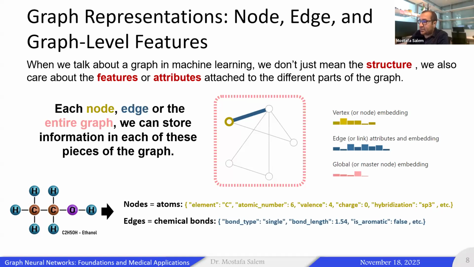For the whole graph, for the whole structure, I can also add an embedding that represents the entire graph, like the molecule name, formula, molecule weight, etc. So when I'm talking about a graph, I mean the structure, this is number one, and also the features. I have three kinds of features: node features, edge features, and the entire graph feature.